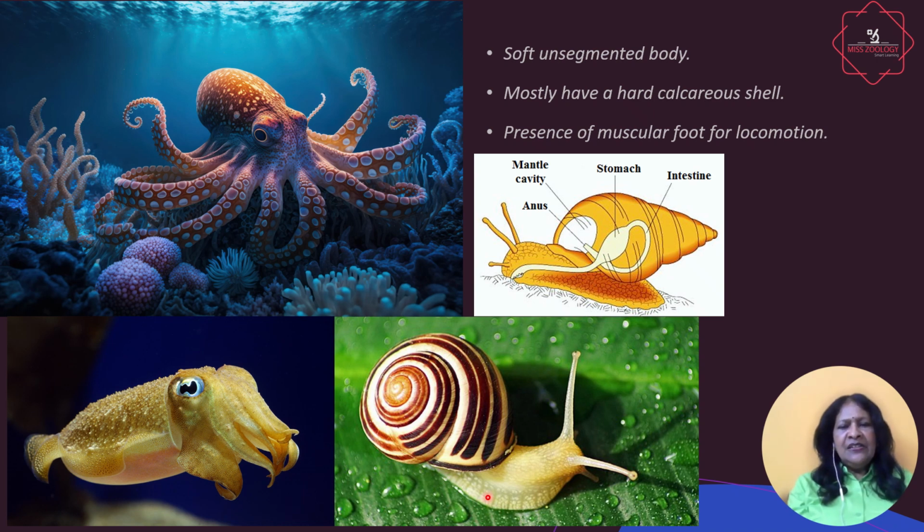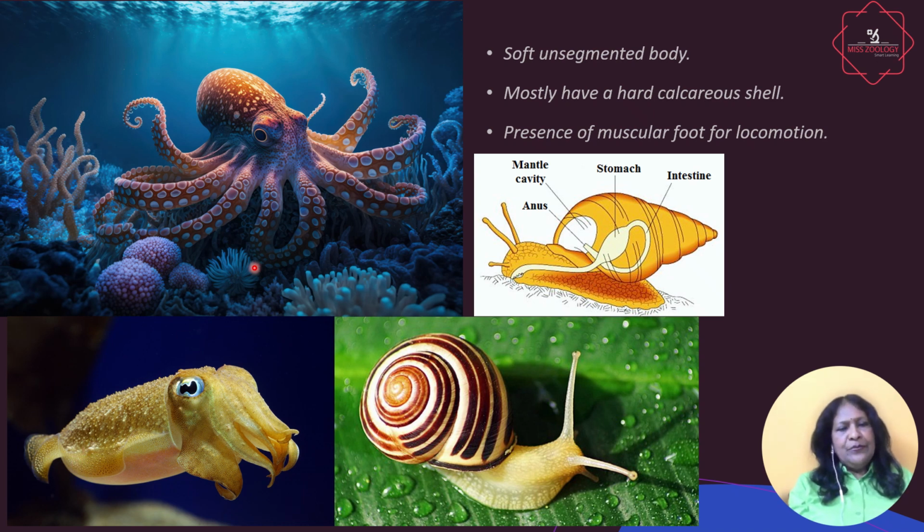You see here a diagram of a pila, which is called apple snail. This apple snail has a single coiled shell. There are other molluscans which have a two-part shell with two divisions, but they join at one point. But on the left you see an octopus and a sepia.